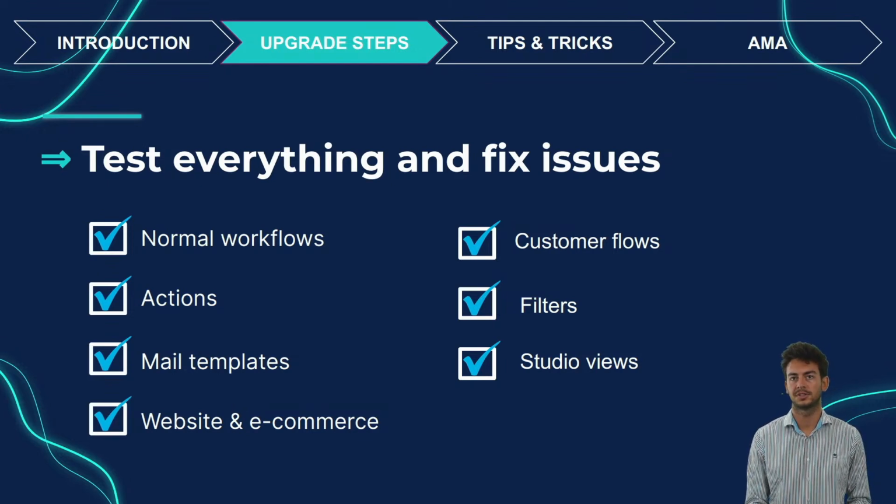You should also test the actions, such as duplicating a record or creating a new record. Print reports also, because sometimes there are issues with the reports. Test the mail templates too, because there are changes on the models and on some fields. Some mail templates may not be working anymore, so you want to have a look at that.